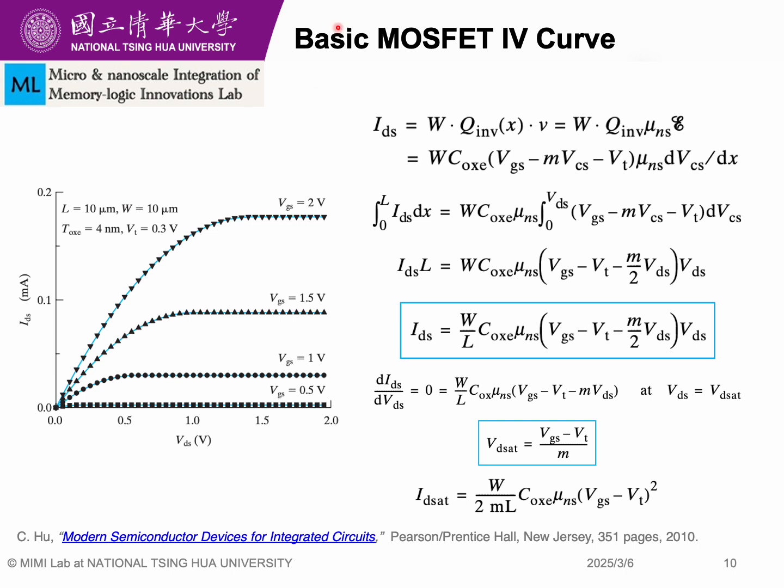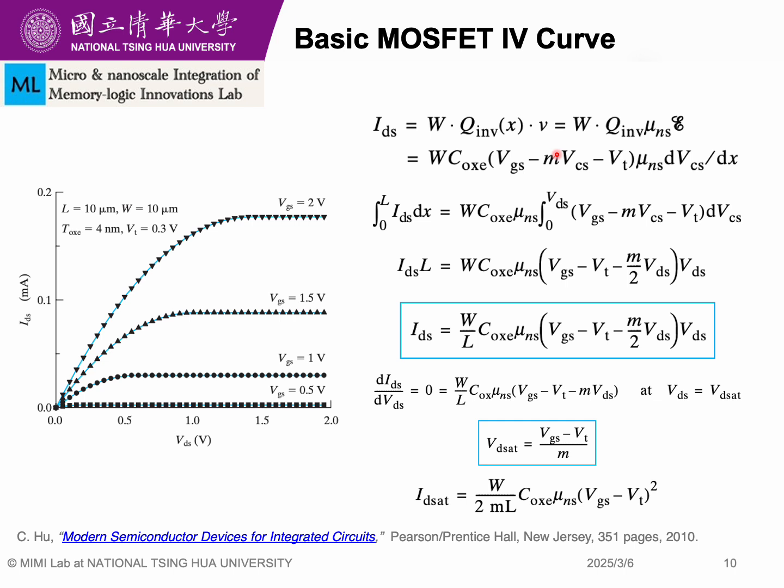If we rearrange that, we come to this equation, where we have the bulk charge factor M here. M accounts for the body effect's influence on the channel charge distribution.